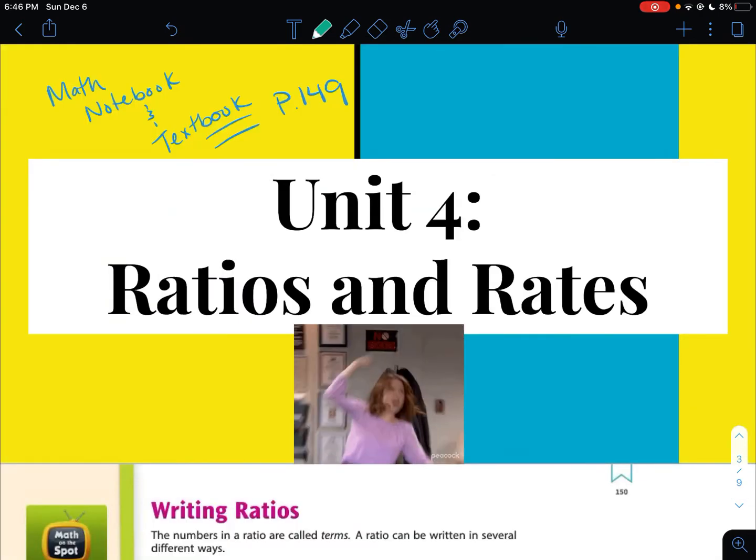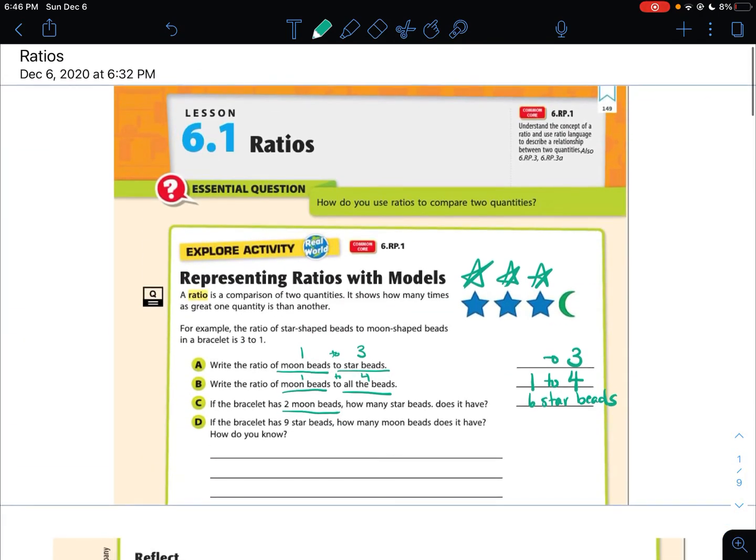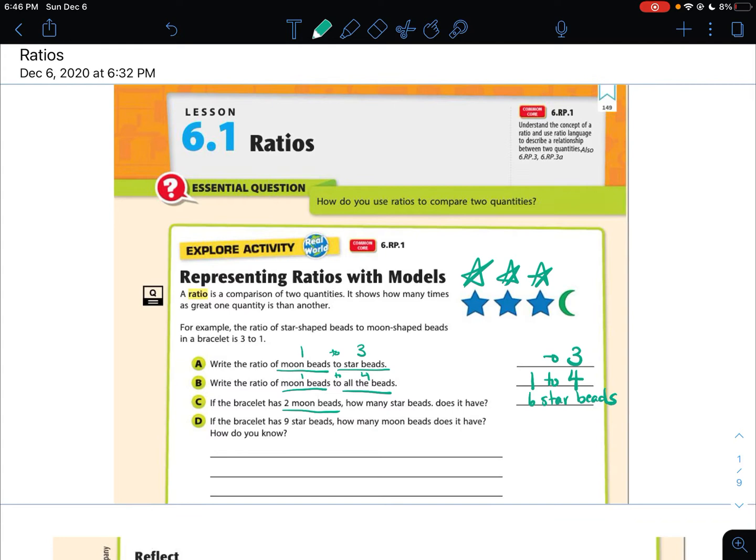We have 6 stars right here, which we figured out go with 2 moons. If I add 3 more stars, I would have 9 stars, and I'd have to add another moon to go with my 3 stars. So if I have 9 stars, 3, 6, 9, then I have 3 moon beads.